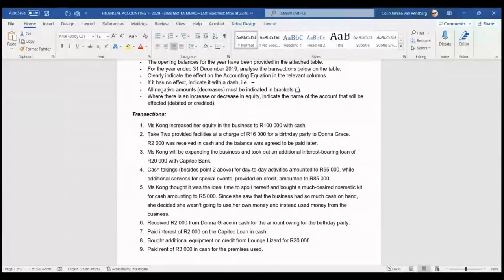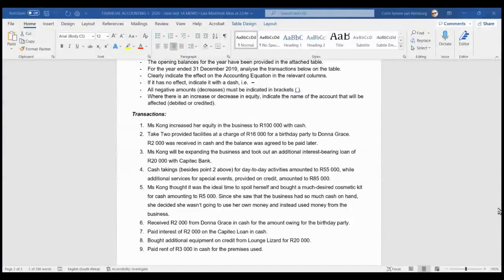Now, ladies and gentlemen, I'm going to ask you a few questions. Some of them might be tricky, some of them might not be so tricky. Let's see. But the whole point of this is that you must understand the transaction, all of you. No student left behind, each and every one, okay? Each and every one must understand it so that we know how to go and indicate this on our accounting equation worksheet.